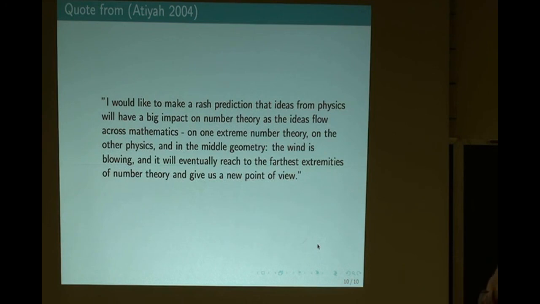The wind is blowing, and it will eventually reach the farthest extremities of number theory and give us a new point of view." And indeed, Ngô's work is the first real example of this prediction, and the good news is that his proof of the fundamental lemma is opening up the possibilities for many major results in number theory to be proven as we speak. So, thank you.